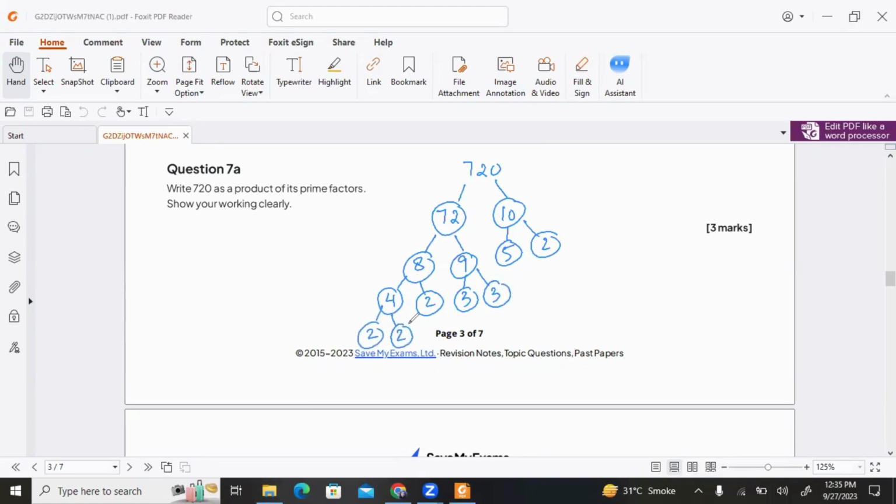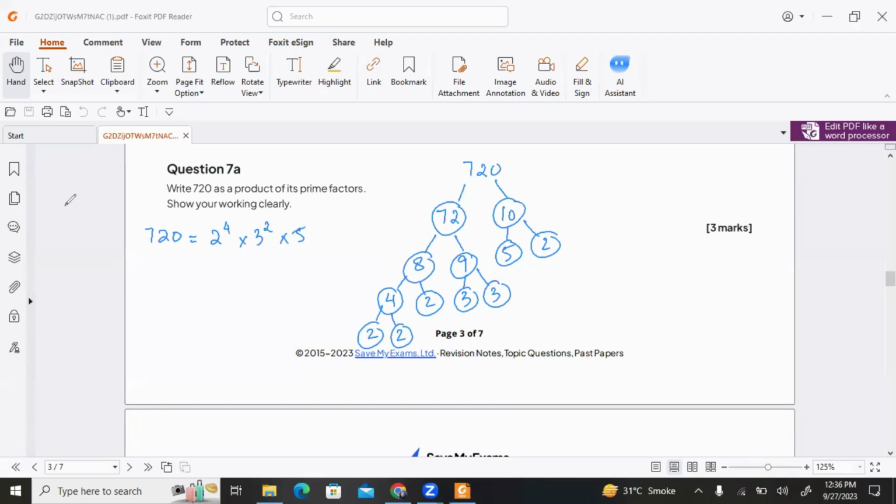So now that we're done with the tree diagram for 720, we know that 720 is equal to 2 to the power of 4, 3 squared, and 5. So this is what the product of its prime factors looks like.